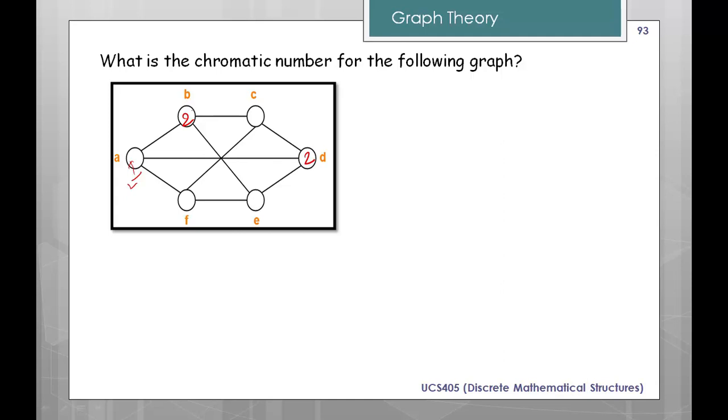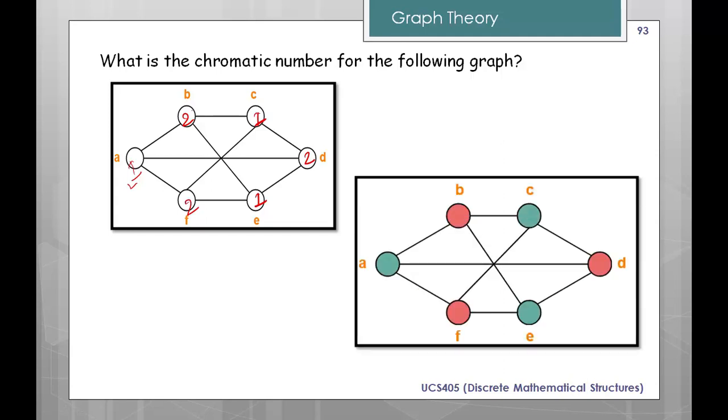The same way, if you assign the first color here, it can again be managed. Therefore, how many colors do we require for this graph? Only 2 colors. For example, green to these and red to these.